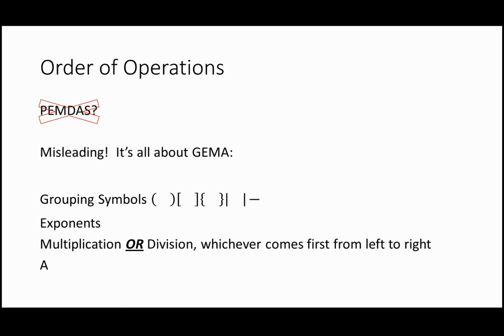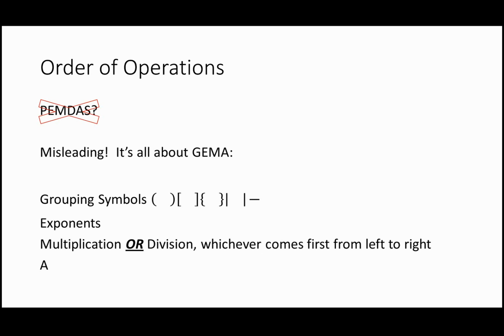So you look for what you have, scanning from left to right, and you say, oh, there's a division here and it's happening before multiplication. Do that division first. I know it's a little bit counterintuitive if you've been messed up in the past by PEMDAS. So hopefully we're going to do some healing from our PEMDAS trauma and have a good time simplifying expressions using GEMA.